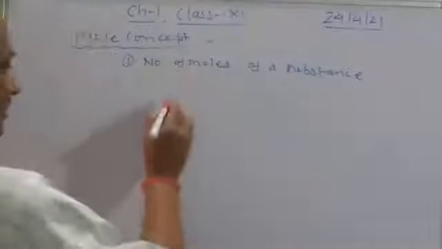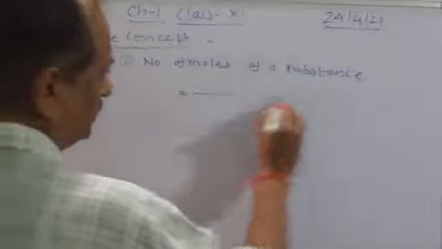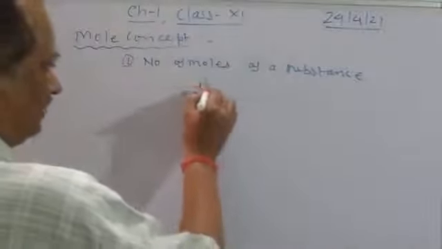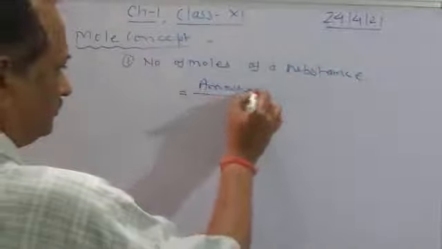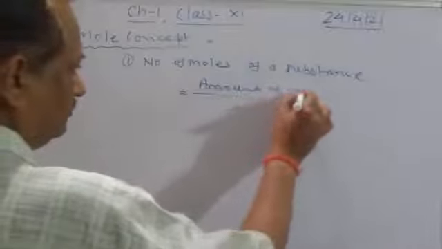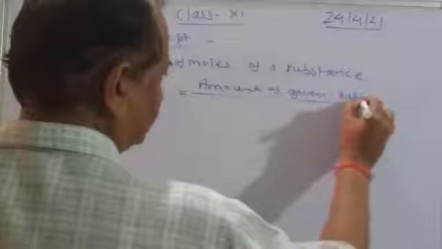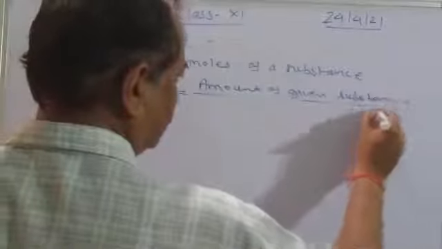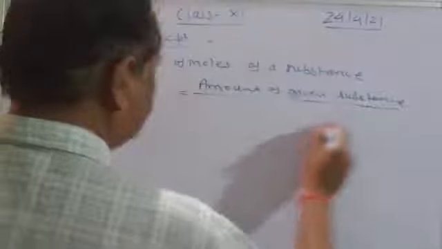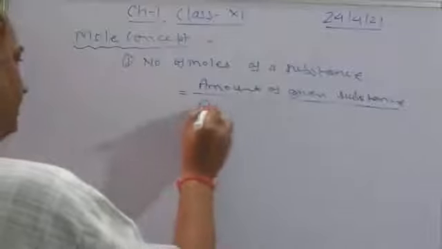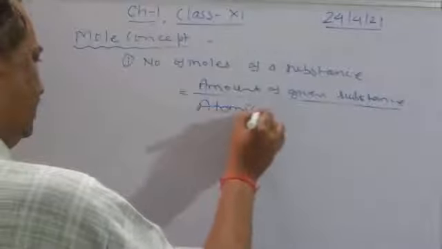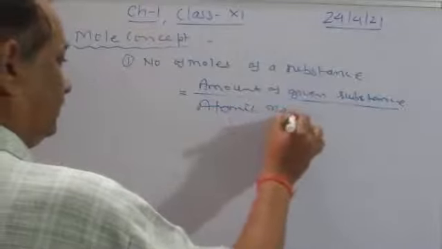Number of moles is equal to the amount of given substance upon atomic mass.